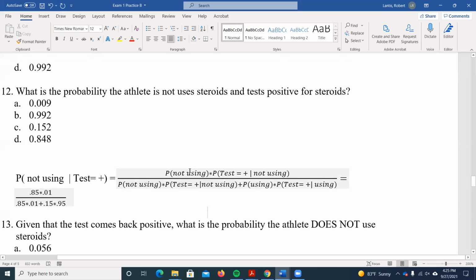Given that they're not using, so we have 0.01, 0.85, 0.15, 0.01.